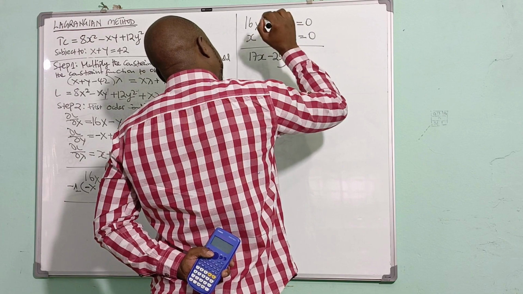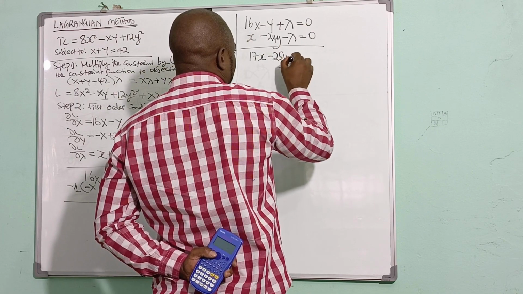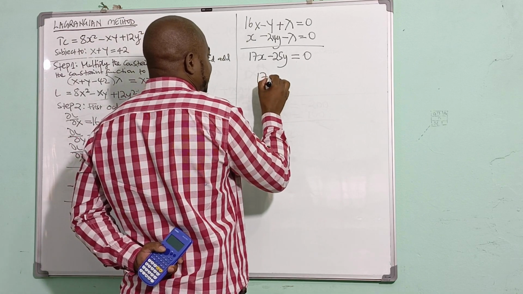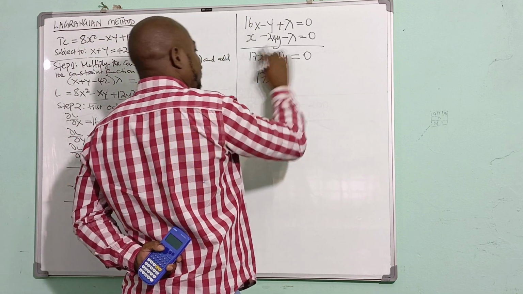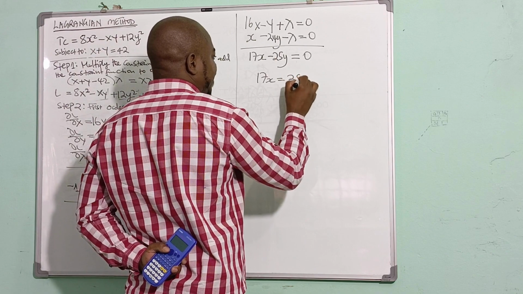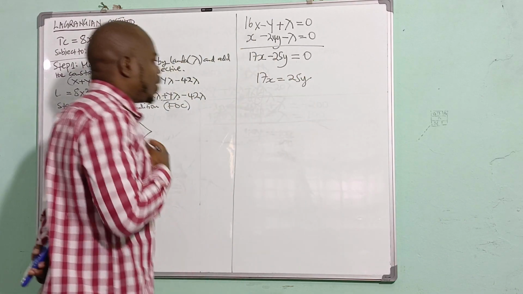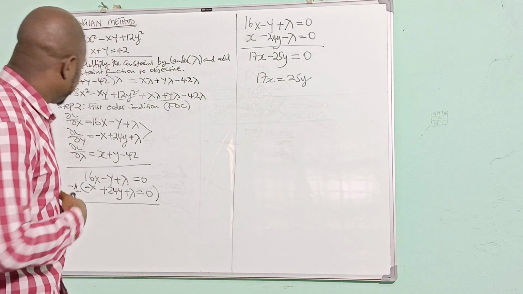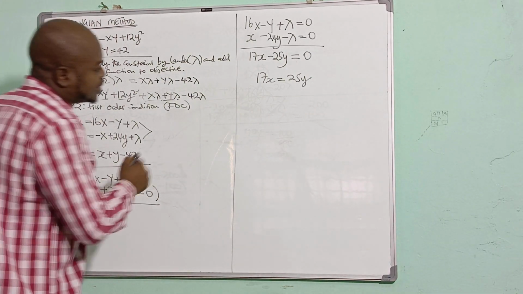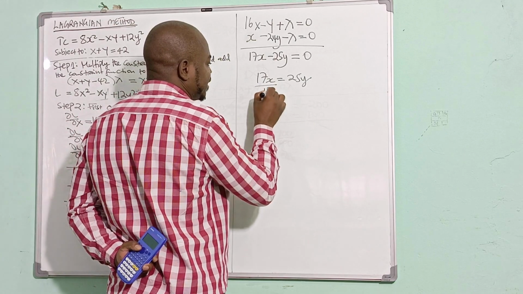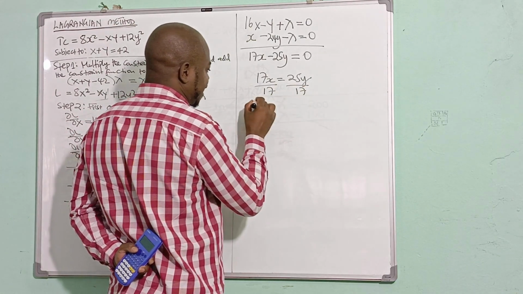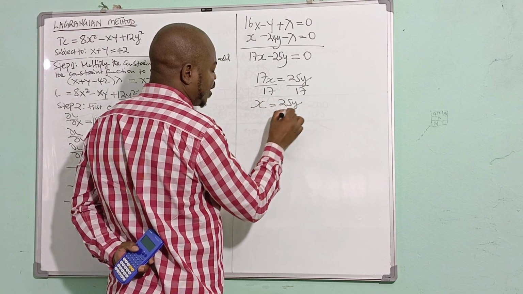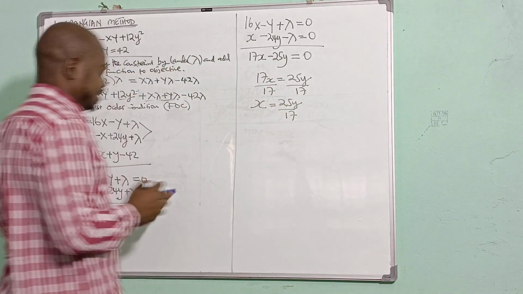Positive lambda plus negative lambda will be 0, so the lambda collapses. That's what I was trying to achieve. Then I have 17x here, and this goes to this side as positive 25y. Then I can make x the subject of the formula, since I'm trying to solve these simultaneously. 17 this side, 17 the other side, I'll have x is equal to 25y over 17.